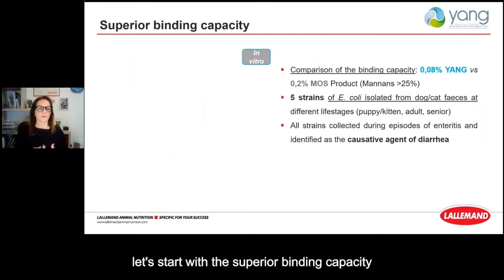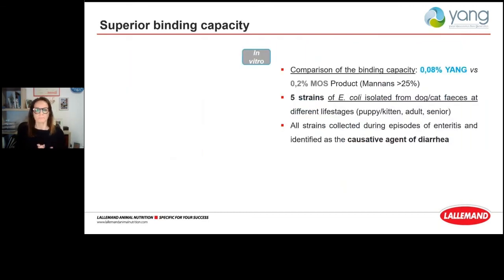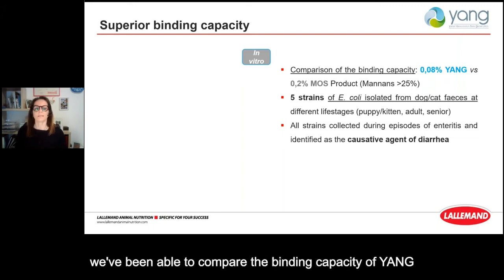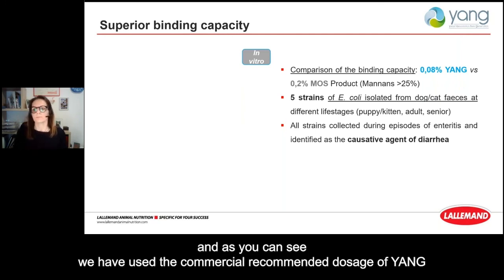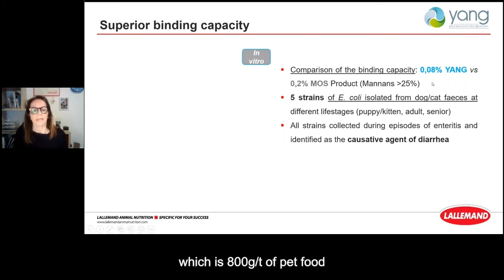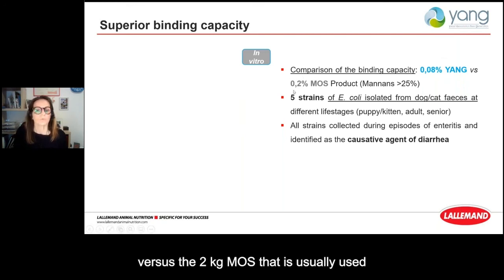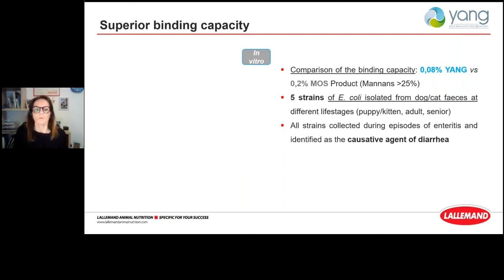Let's start with the superior binding capacity. In an in vitro trial, we compared the binding capacity of Young versus the binding capacity of a good quality MOS product. As you can see, we used the commercial recommended dosage of Young, which is 800 grams per ton of pet food, versus the 2 kilos of MOS that is usually used.